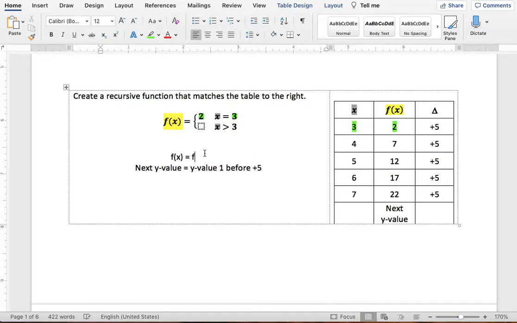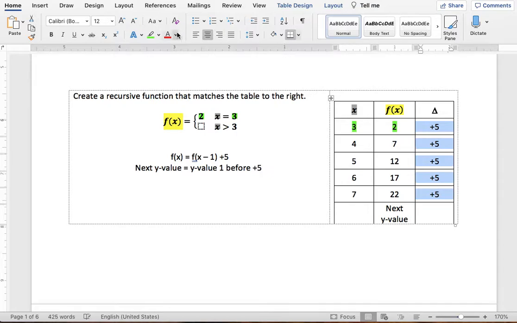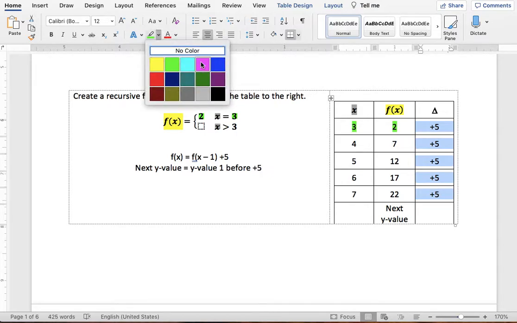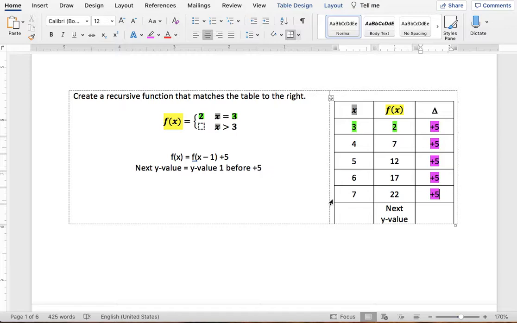The notation for that is f of x minus 1. And I'm always adding plus 5 to it. So I'm always adding this column in order to get the next y value. And that column happens to always be plus 5. So sure.